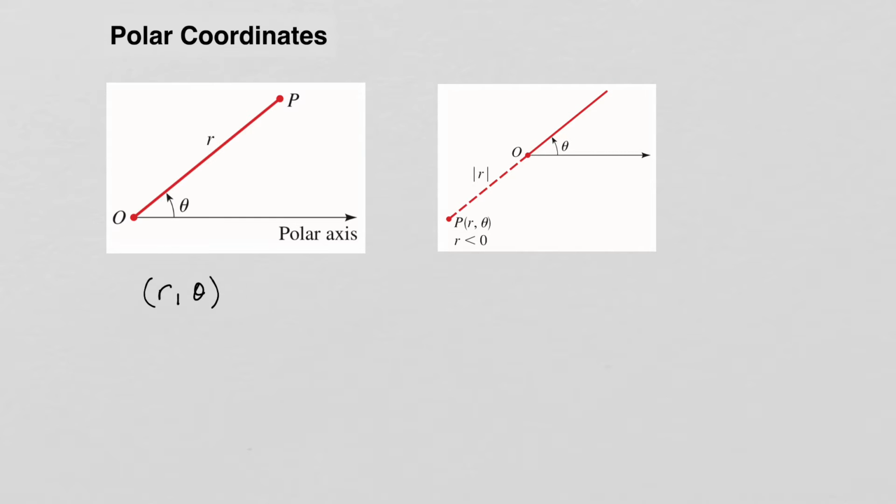So that means instead of your point being located here, a distance of r units from the pole, it's located 180 degrees from there. But the distance is still r, so to speak, but it's actually the absolute value of r, because if r is negative, then we need to make it positive before we can talk about it as a distance.